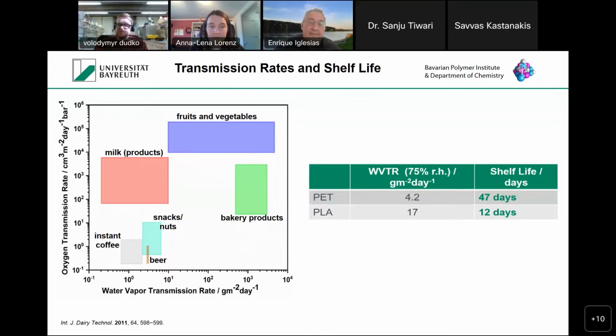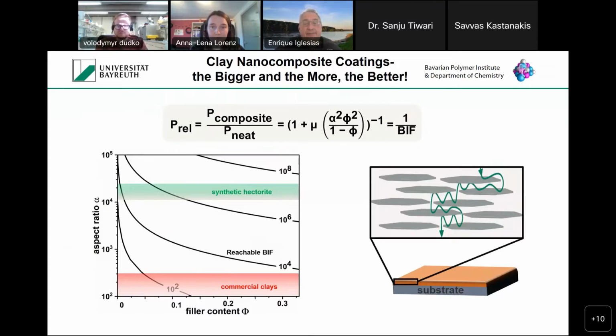But if you want crispy chips or pretzels, or for example your instant coffee to be fresh, you need pretty severe requirements for barrier properties. Commonly used plastics allow you to preserve food only for 12 and up to 40 days, and we want to make it longer. So one of the solutions is to make nanocomposites.